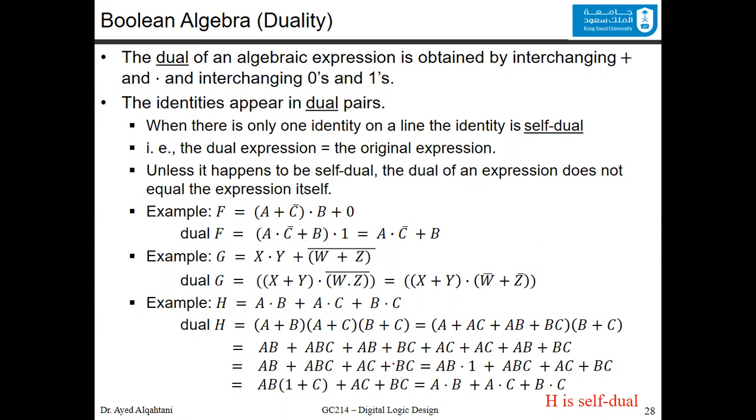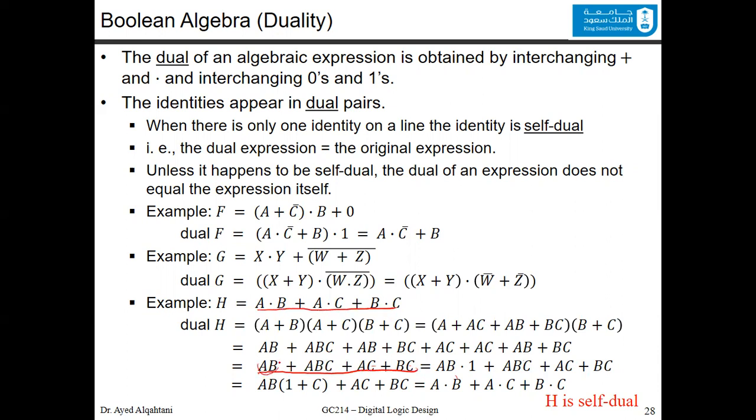After applying the Boolean algebra, you can say that this AB is AB ANDed with 1. And we kept this the same, we kept this the same, we also kept this the same. Why did we do that? We are trying to move from this to the original one, which is this one.